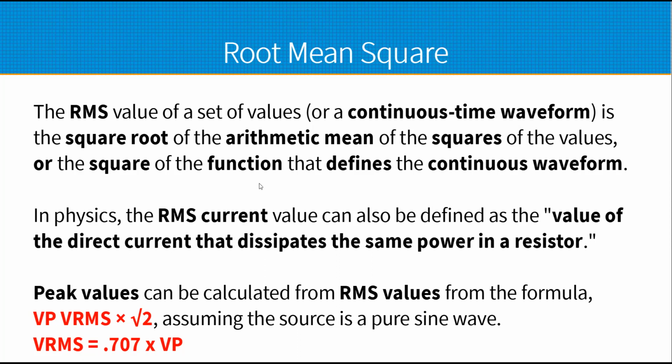And the way you get there is taking the peak value of the AC wave, which is from 0 to its highest point, and multiplying that by the square root of 2. And that gives you the root mean square, or a close approximation to it.